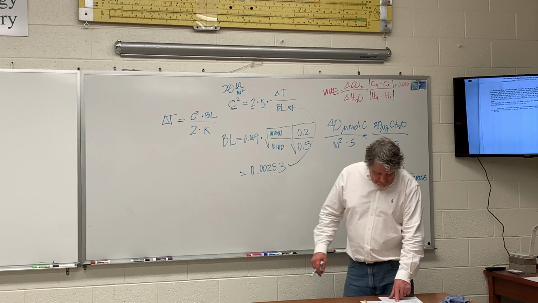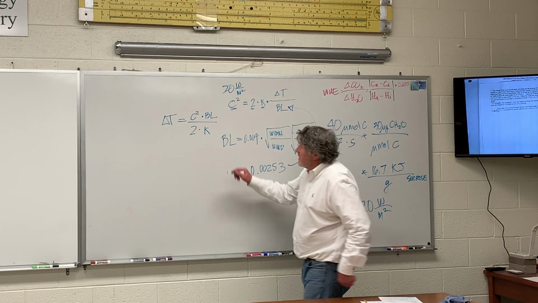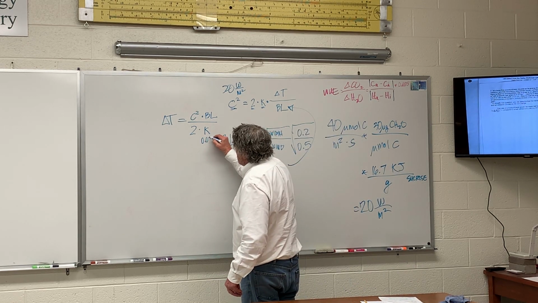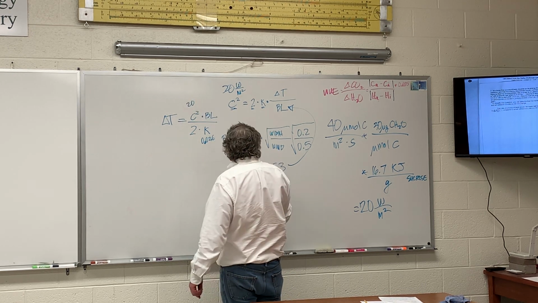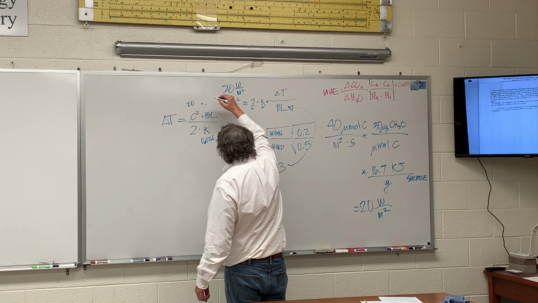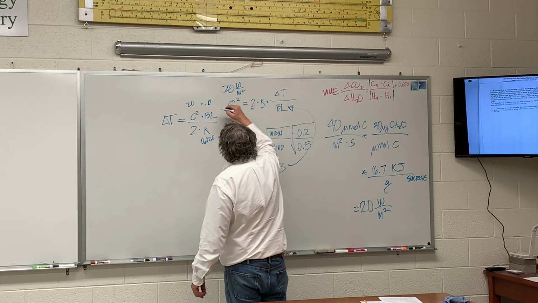And K is 0.026, constant from the handout. C is 20, boundary layer is 0.00253.